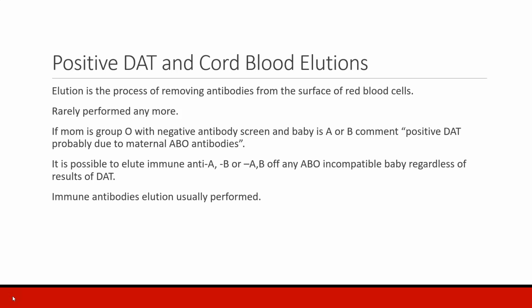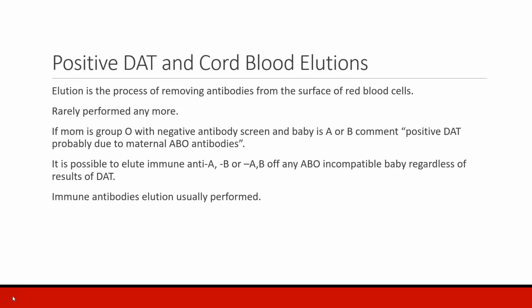And if a baby's an A, you expect the A cells to be positive, and B cells to be positive. Anti-A,B will cause a positive reaction with the other cell, but it'll be weaker. So let's say you have an A baby. Your elution will have a 3+ with the A cells and a 1+ with the B cells. And the reaction with the B cells is due to anti-A,B.